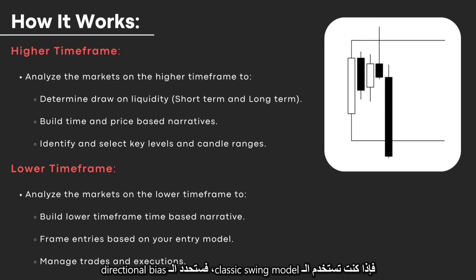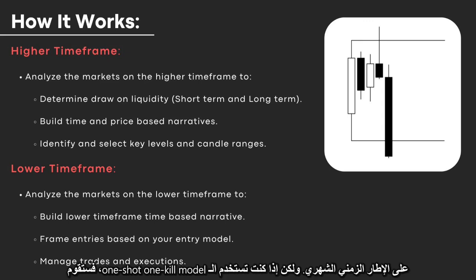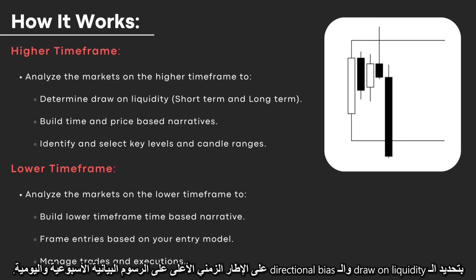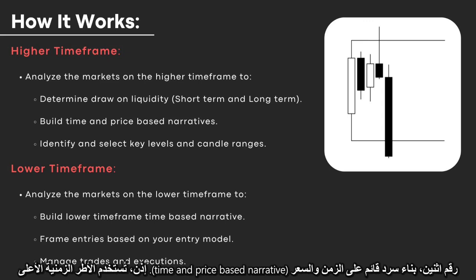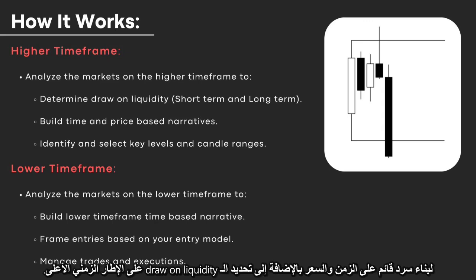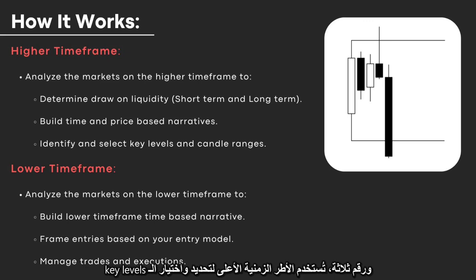So if you are using the classic swing model, then you're going to determine your directional bias on the monthly time frame. But if you're using the One Shot, One Kill model, then you're going to determine your drawn liquidity and higher time frame directional bias on the weekly and daily chart. Number two, building a time and price based narrative. So the higher time frames are used to build a time and price based narrative along with determining higher time frame liquidity.